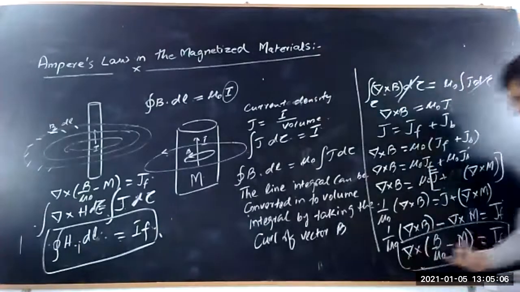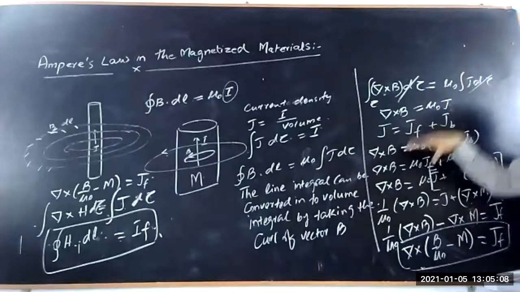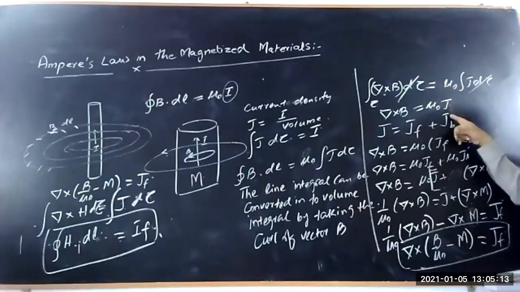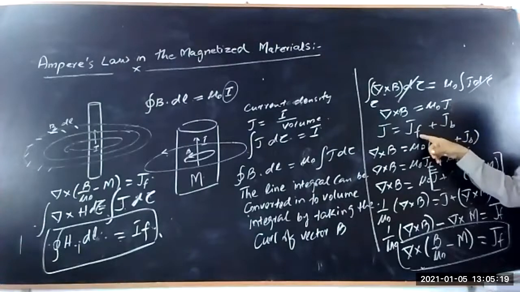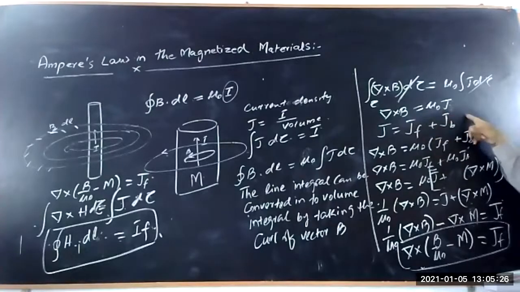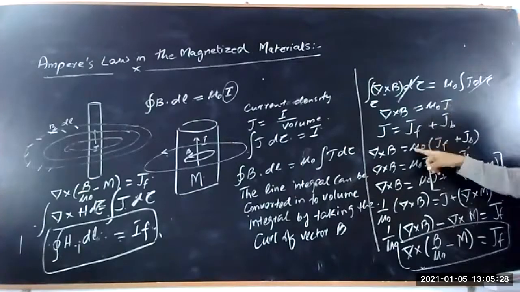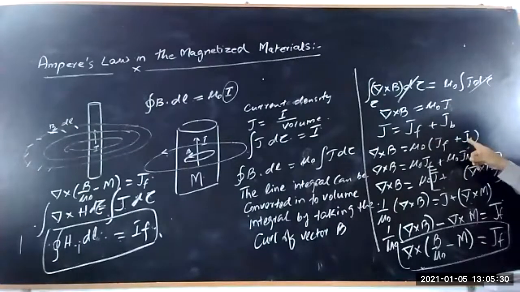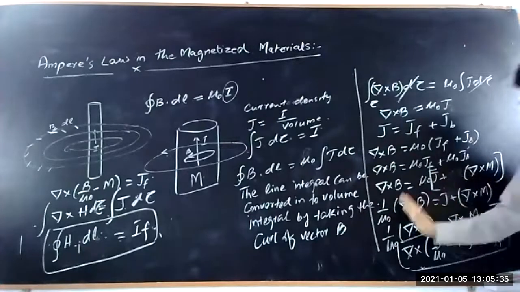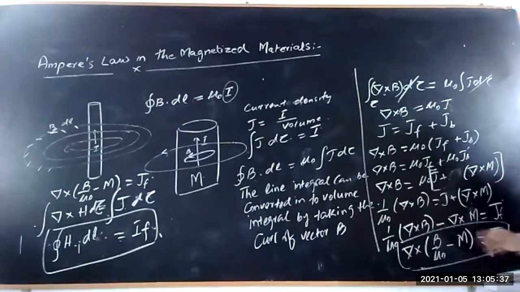If we look at it, what have we done simply? We started with curl of B equal to mu naught J. This J is the total current density, which is free plus bound. Free is due to those charges which are free electrons, and bound are the orbiting electrons. I have just plugged in this value in this equation. We know that J_B is equal to curl of M. I am bringing this to this side and doing some mathematics.